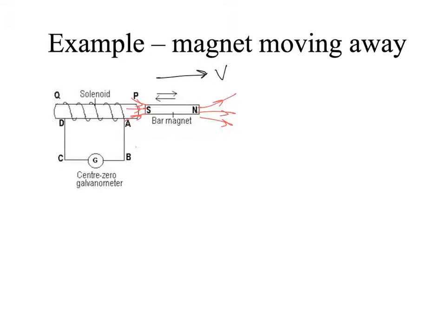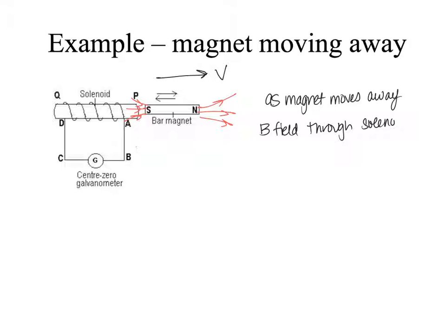And so, as the magnet moves away, we know that the magnetic field through the solenoid is getting weaker. We also know that that B field points to the right.